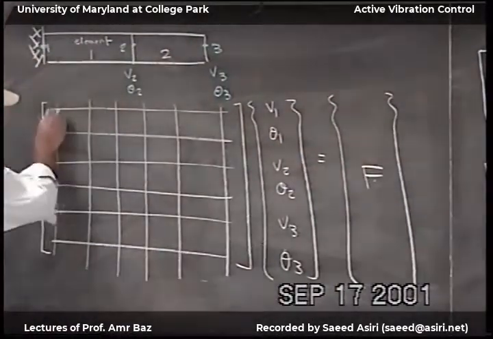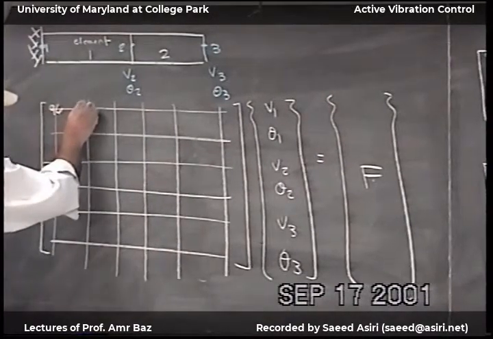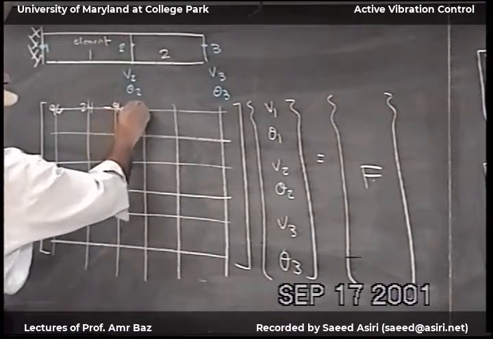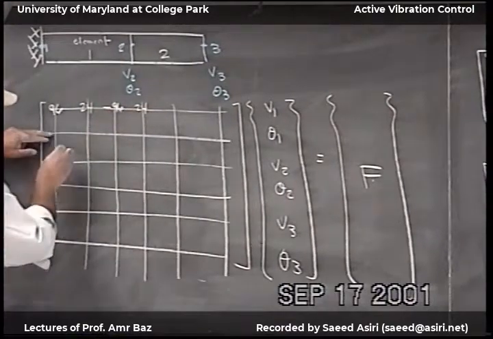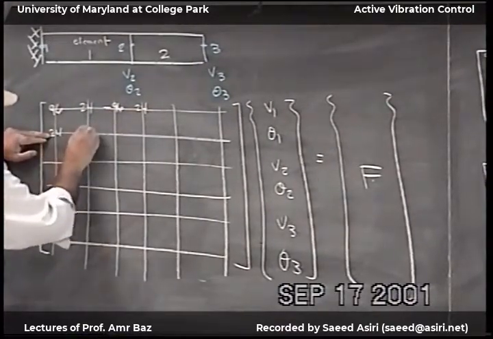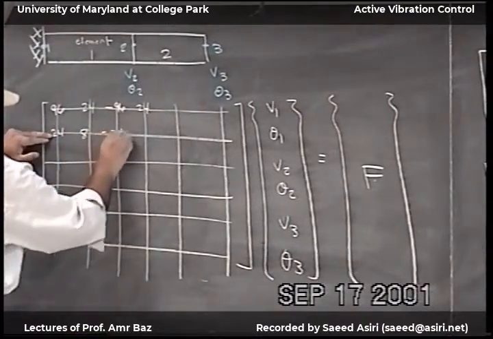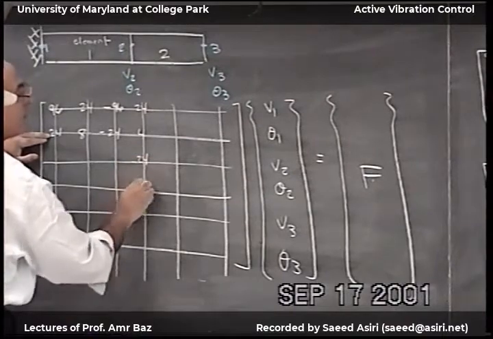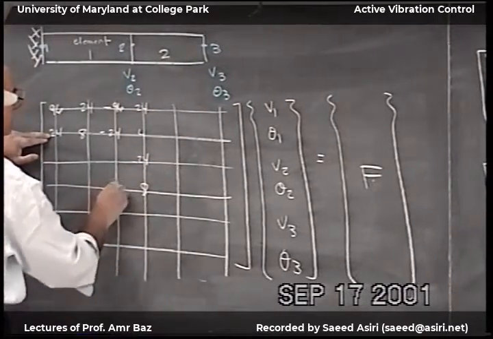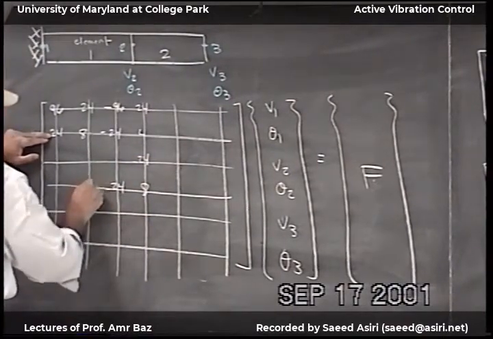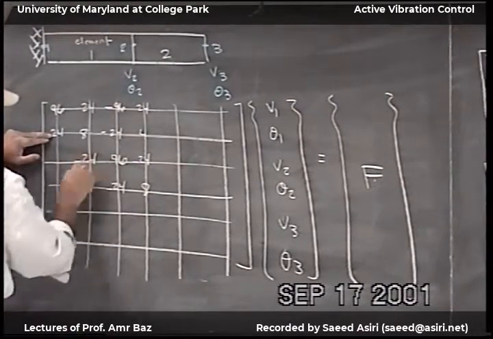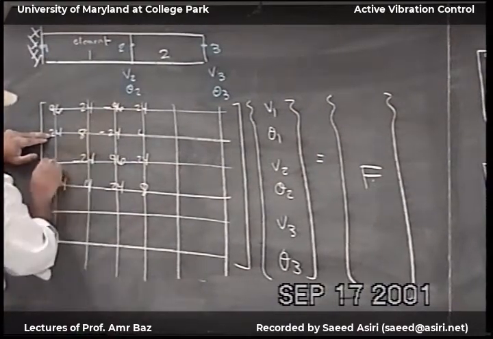So I have 96, 24, minus 96, and 24. And then this would be 24, 8, minus 24, and 4. Minus 24, and 8, minus 24, and 4, 96, minus 24, 24, and minus 96.